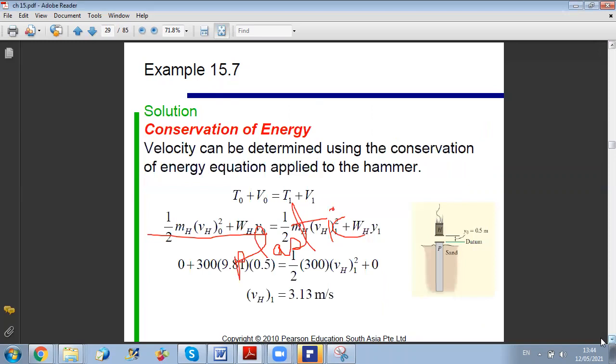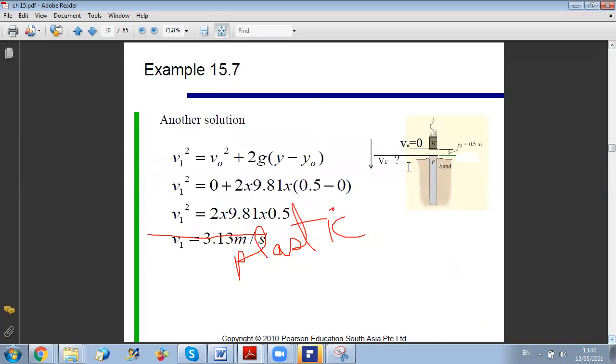so now, once we get the velocity just before reaching the pile, we have several methods. One method is to apply conservation of mechanical energy. A second method is to consider it a projectile, right? If you consider the hammer when going downward as having projectile motion, then you can calculate its velocity just before reaching the pile by doing v1 squared equals v0 squared plus 2g delta y.